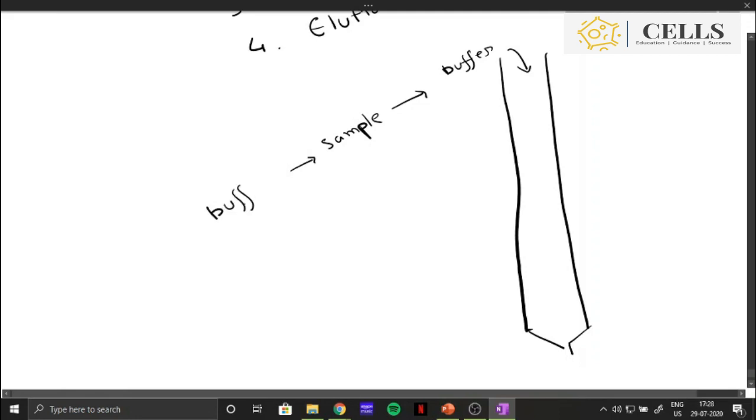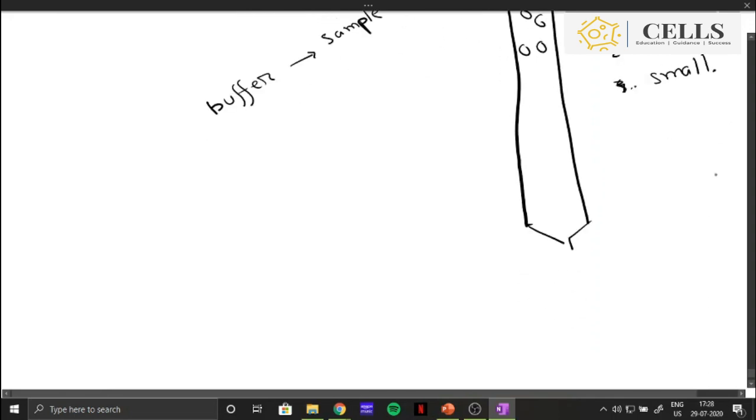You don't have to have any difference. The separation will be purely on the basis of beads. First comes out the large protein, second the medium ones, finally the smaller ones.